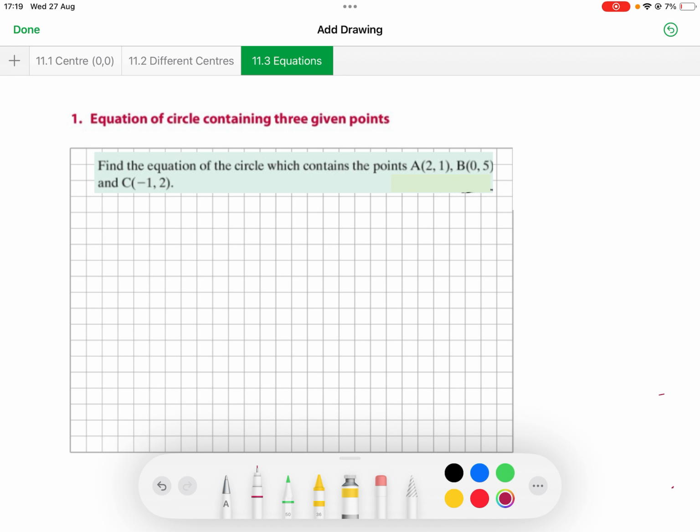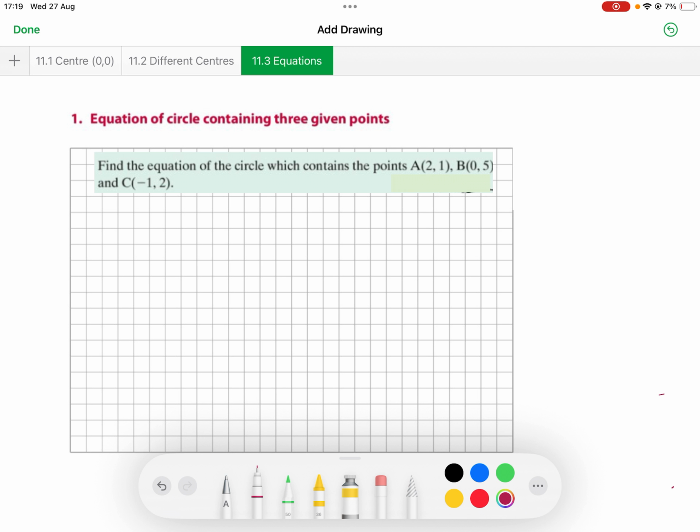So this one says, finding the equation of a circle containing 3 given points. If I have a circle, and in this particular example, the points are A (2, 1), B (0, 5), and C (-1, 2). So I'm going to go ahead and find the equation of this circle.